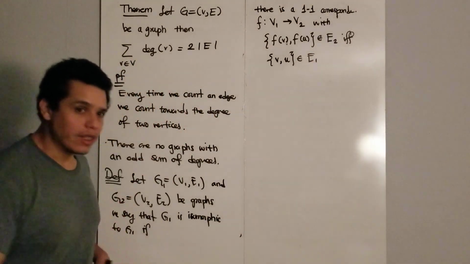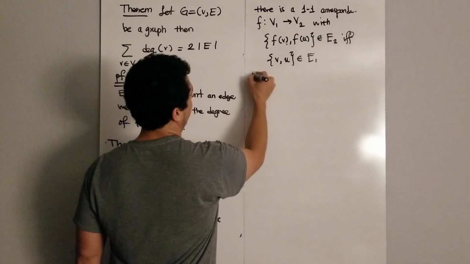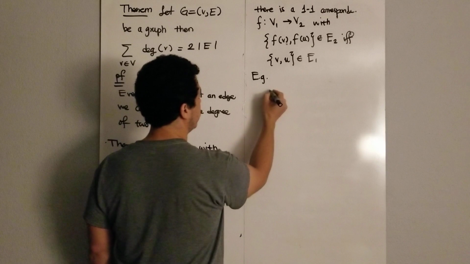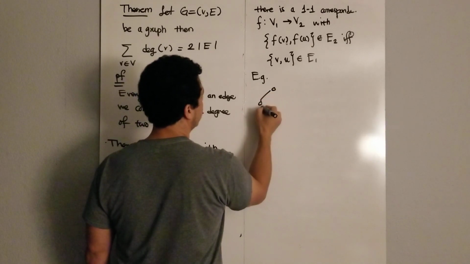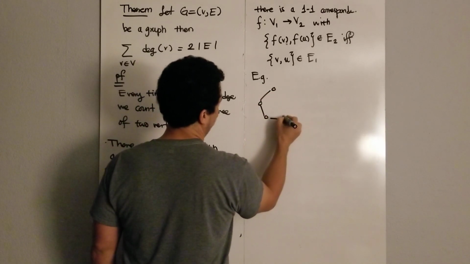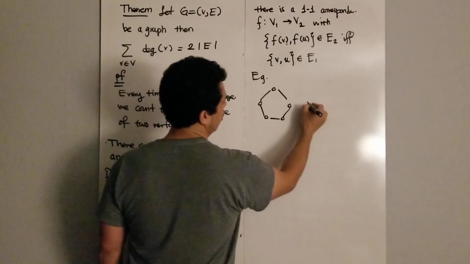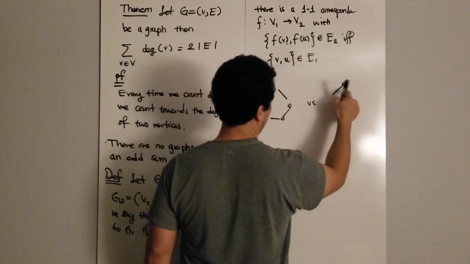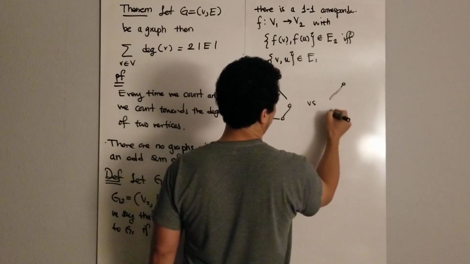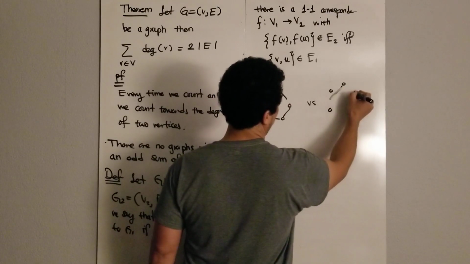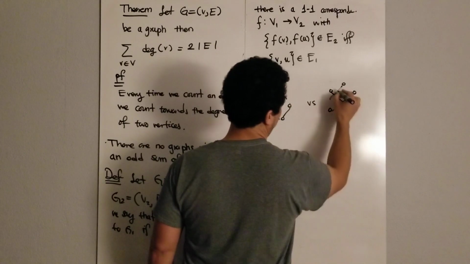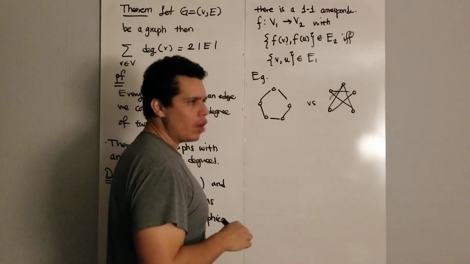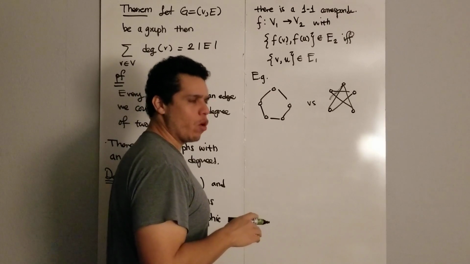Now let me give you an example for that. Let's say that I have these graphs, a pentagon versus a star. Can we say that these two are isomorphic?